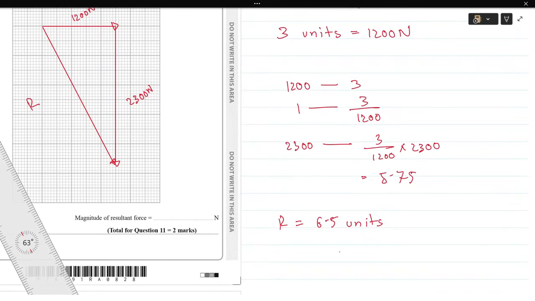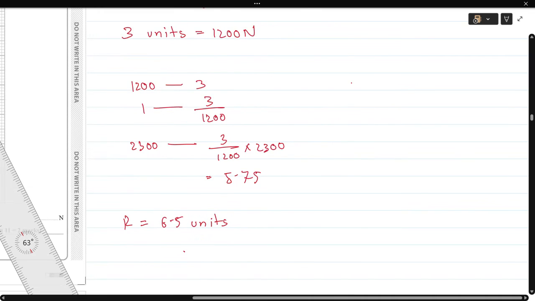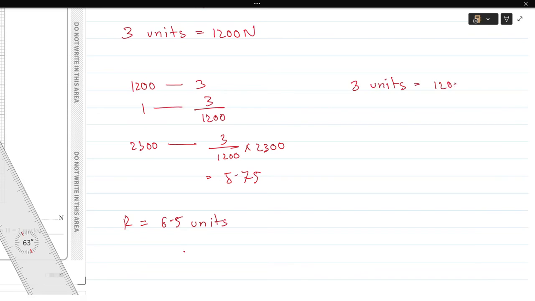Now, we can just use this one. Actually, we have to use a different one. So 3 units is considered to be 1200 Newton. So 1 unit would represent 400 Newton. 6.5 units would represent 400 times 6.5 Newton.